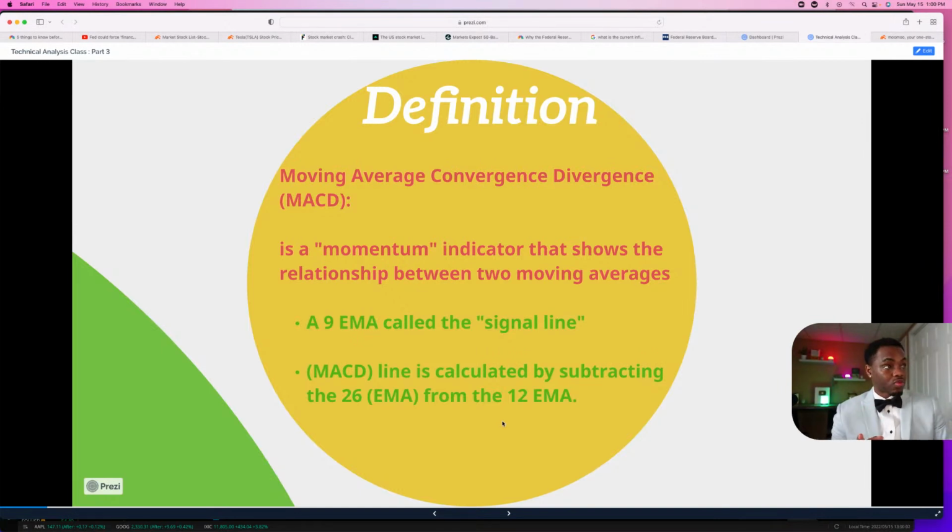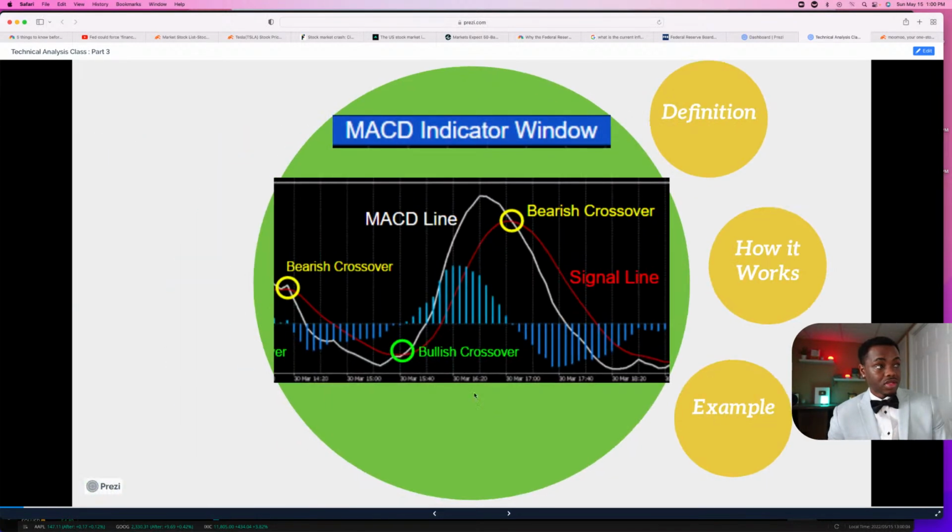Now, just remember this, if nothing else. There are 2 lines. What you're looking for is how are they crossing each other? When the MACD line crosses down, that's bearish, meaning you can buy puts potentially, or you can basically get out of the things that you were going long on.